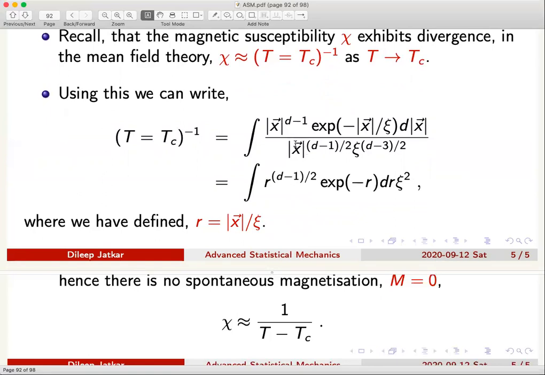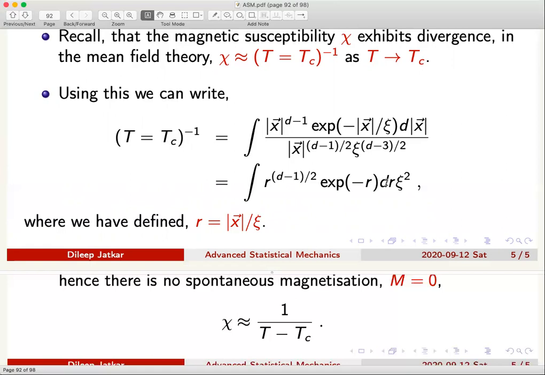Looking at these expressions, you find that ξ to the (d minus 1) by 2 is soaked up by these two factors. So you have one ξ sitting in the numerator, because it is (d minus 3) by 2. And d mod x can be written as ξ times dr. So you get a ξ squared piece out of all this.